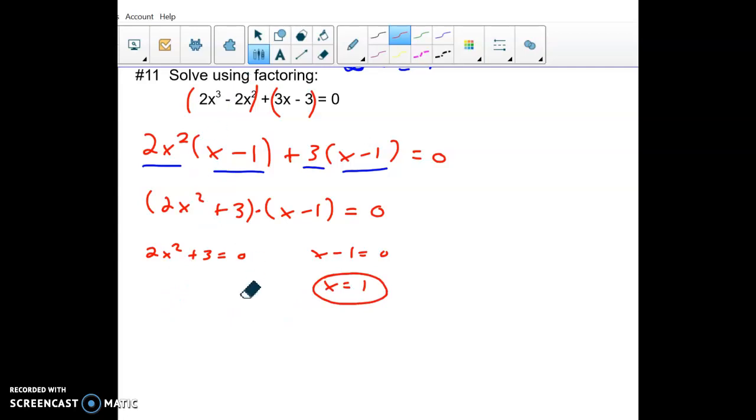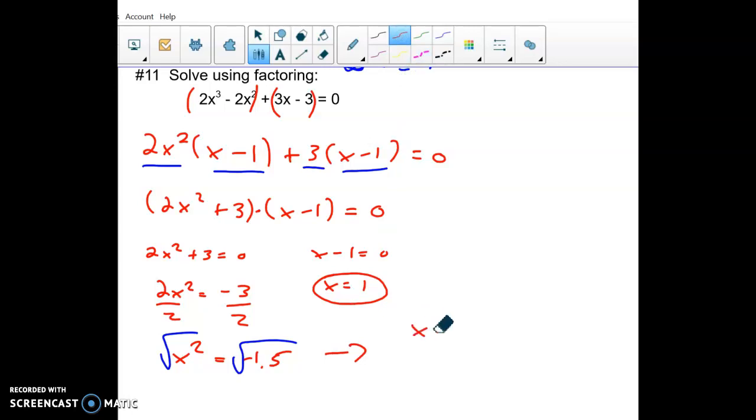And then the other two answers come from solving this, and we can actually use algebra steps here. They'll look a little bit weird. Minus 3, divide by 2, just getting x squared alone. So negative 1.5. And then to complete this, I want to take the square root to cancel out the square. So what I'll get is x equals plus or minus the square root of negative 1.5.